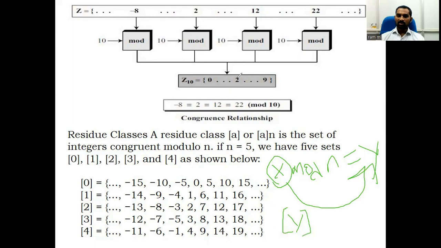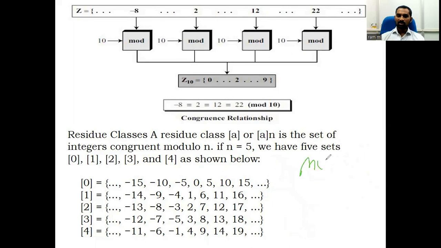Now, if we consider mod n as mod 5, how many residue classes can I have? It is how many residues I can generate. For n, I can generate 0 to n minus 1, that is 0, 1, 2, 3, 4.